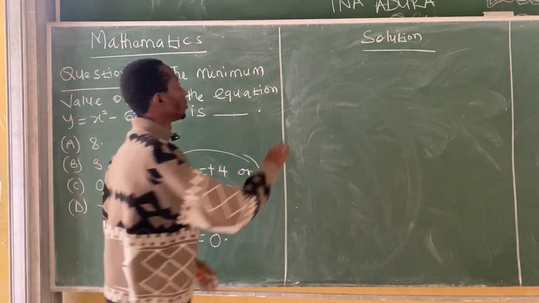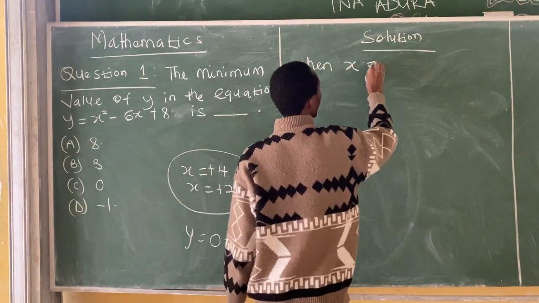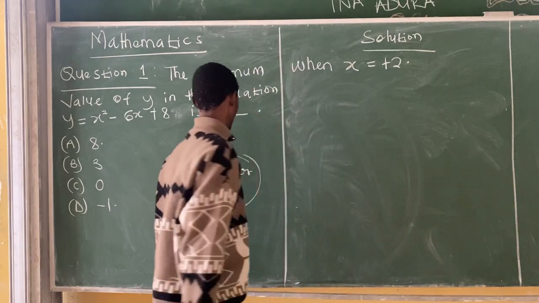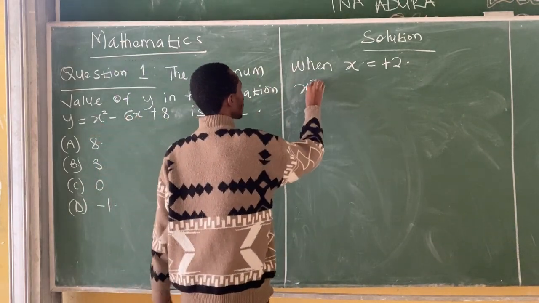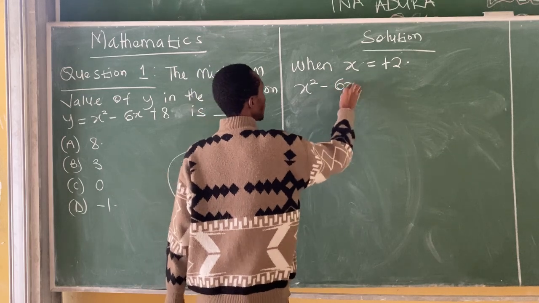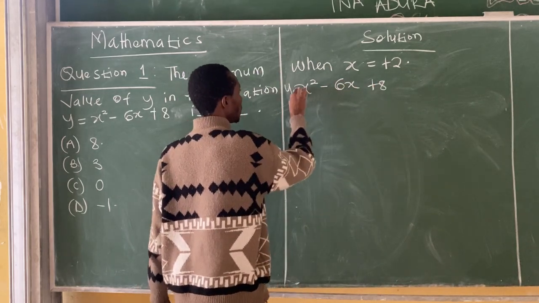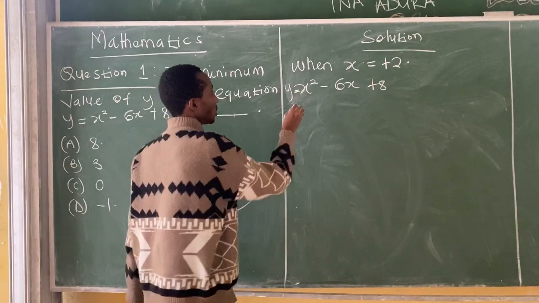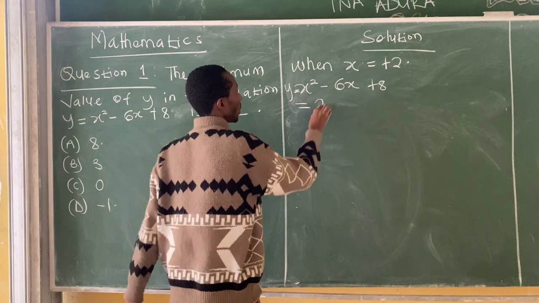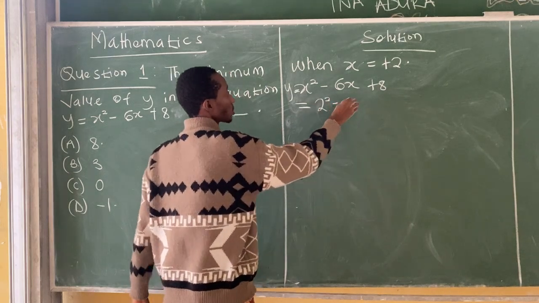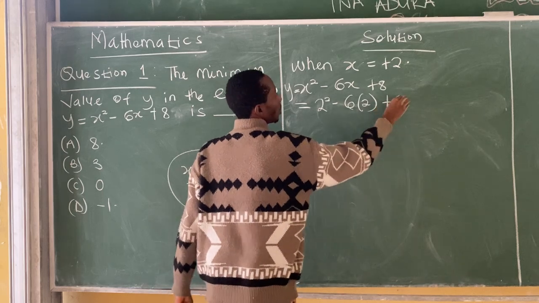Now for the second term, when x is equal to plus 2, substitute it into this equation, we have x squared minus 6x plus 8. That is y equal this value. Now this is equal to, instead of writing x squared, we replace it with 2. We have 2 squared minus 6 into 2, 6 times 2 plus 8.